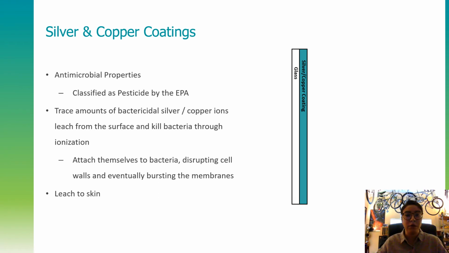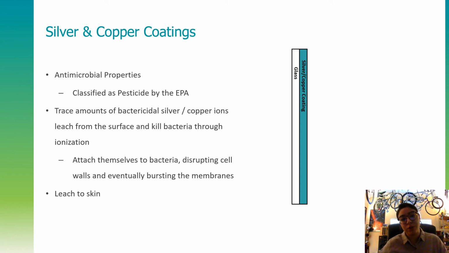There's a couple different ways that they can be registered, but silver and copper coated products are classified as pesticides by the EPA, and the reason for this is because the silver and copper coating itself is killing the microbes that come in contact with the surface, so it doesn't need any outside factors to help optimize or activate the killing activity. It just naturally has these antimicrobial properties.